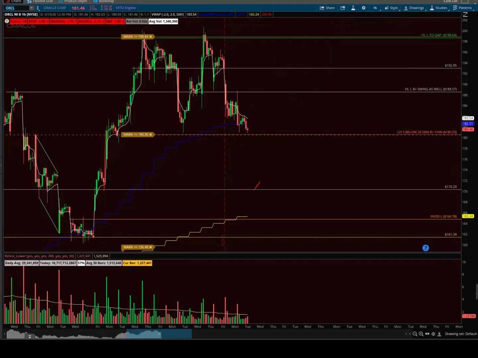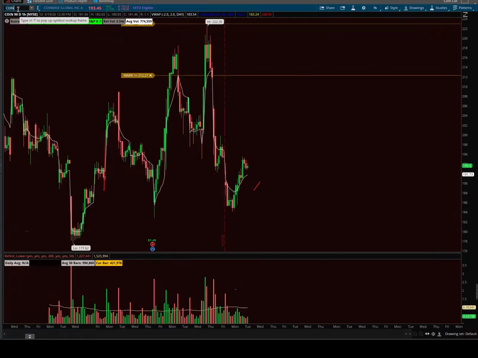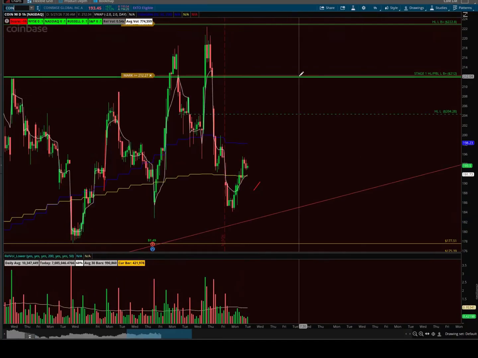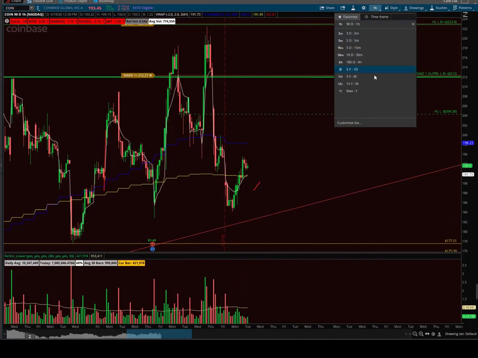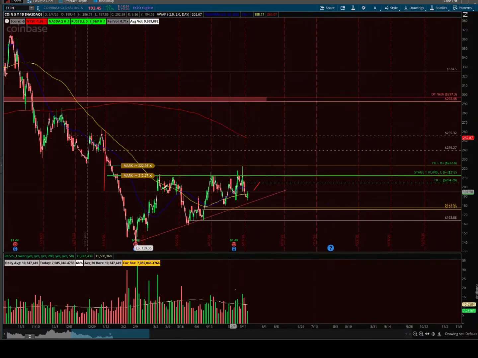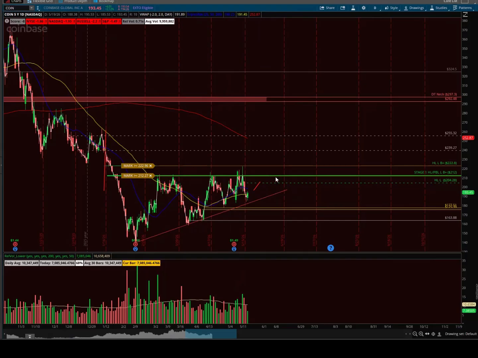I want to see what's going on with Coinbase. The only reason is because I'm waiting to see if we can get a breakout above 212, right? Waiting to see if we can get that.